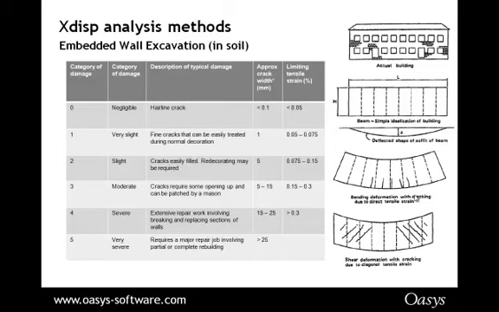Once you've entered the building's geometry, and it pretty much treats the building as an elastic beam element, it associates a damage category to your building based on Burland's damage categories, which go from negligible to very severe. It looks at, for example, the crack widths and tensile strains that come out of your building, and it associates a category of damage to your building based on that.